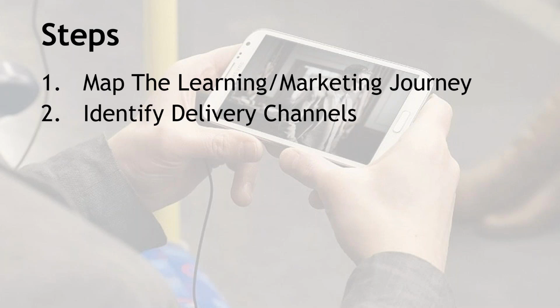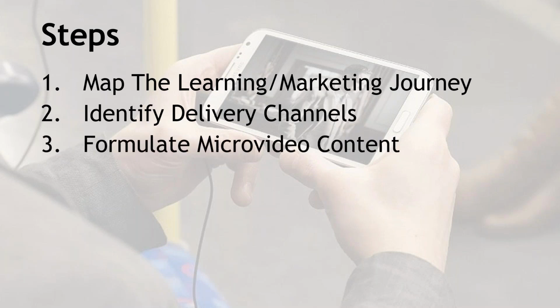Everything from a learning management system to learning content management systems to video content management systems, a lot of options out there. We need to go ahead and formulate these individual video events for maximum knowledge transfer. And so this involves formulating micro video content, formulating macro video content for that matter, to be optimal for knowledge transfer.